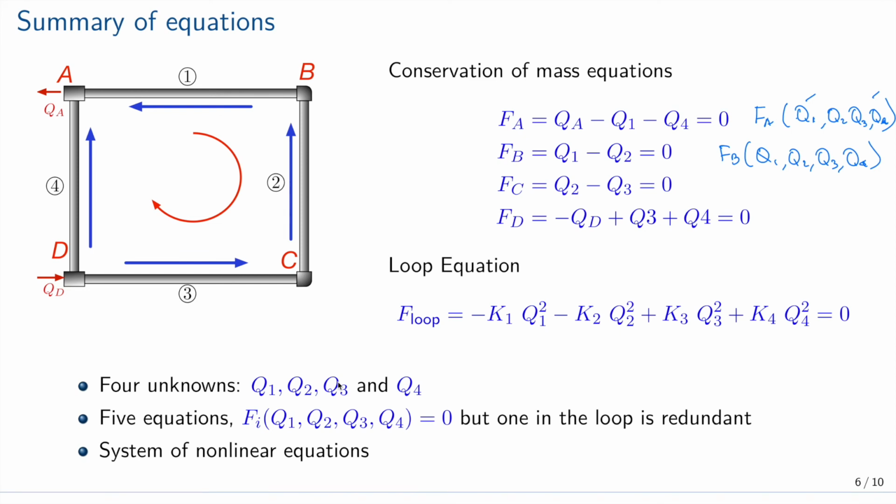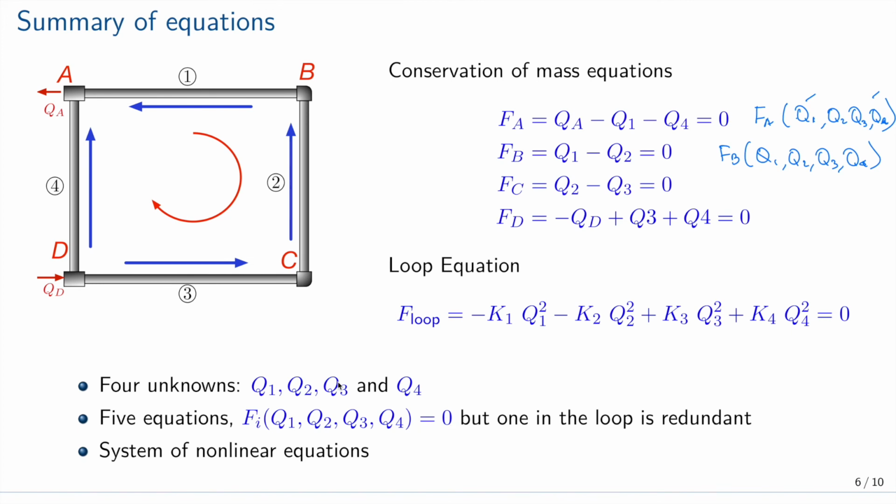Okay, in summary, in this network we have 4 pipes, 1, 2, 3, 4 pipes, so therefore we have 4 unknowns, which are the flow rate at pipe 1, 2, 3, and 4. We have 5 equations. All the equations we can write in this form, so it's an equation in terms of Q1, Q2, Q3, and Q4, and all these equations are equal to 0, right?